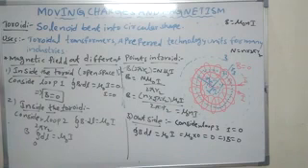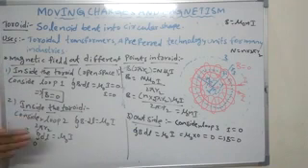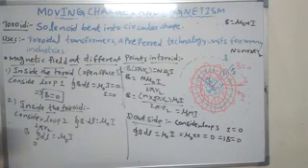So what are the uses of toroid? The uses of toroid are toroidal transformers. Before, the solenoid transformer was there; now it is the toroidal transformer. Why toroidal transformers, and why not solenoid transformers? What is the difference between a solenoid transformer and a toroid transformer? In a solenoid transformer, magnetic flux leakage takes place.